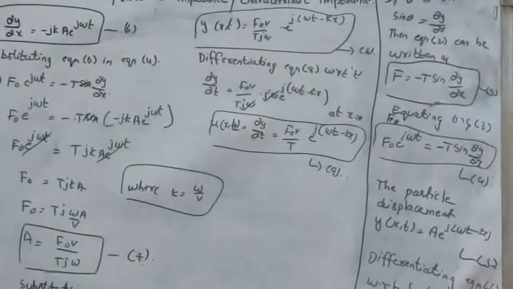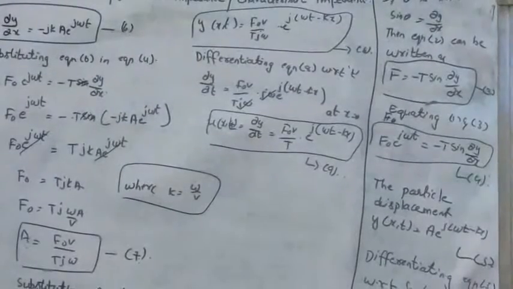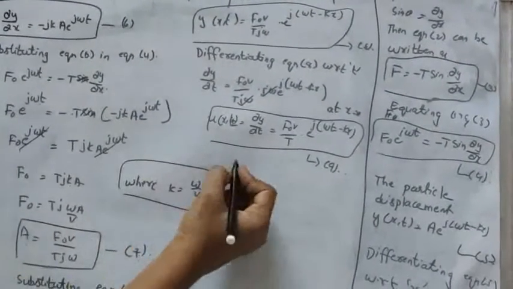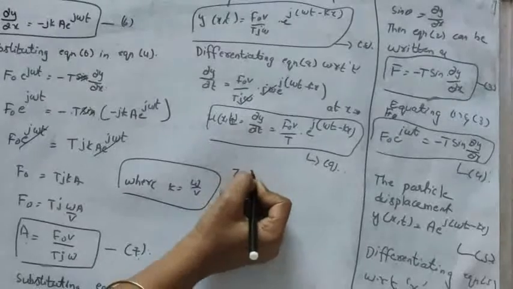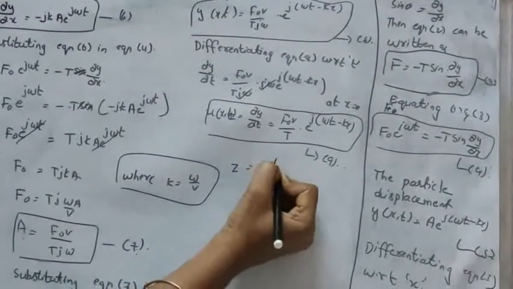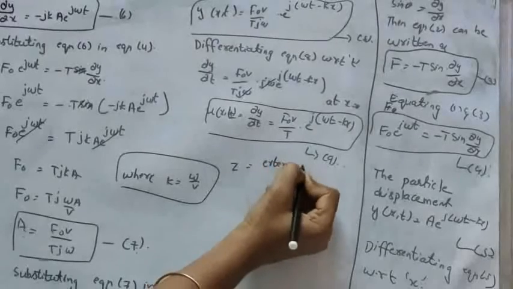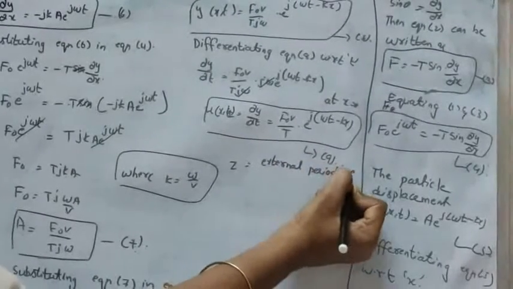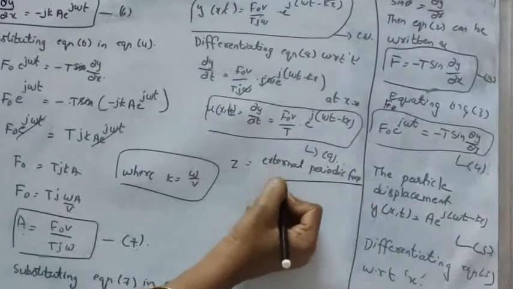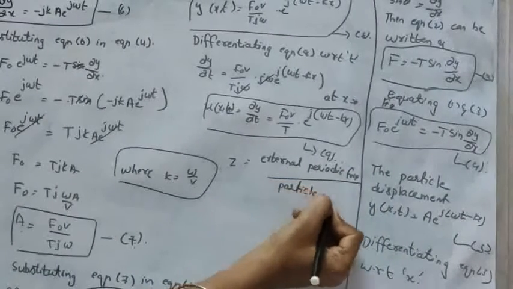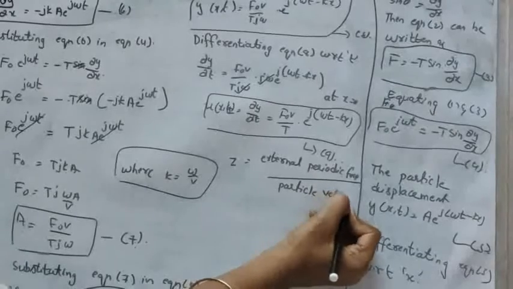Now by the definition, the characteristic impedance or the transverse impedance is denoted by Z is equal to external periodic force by particle velocity.